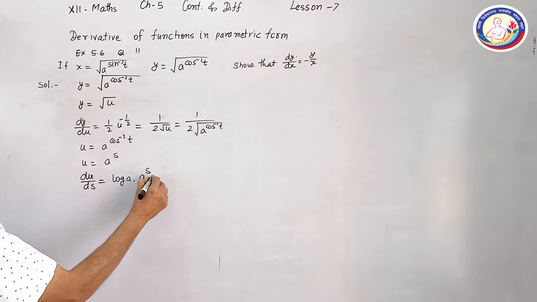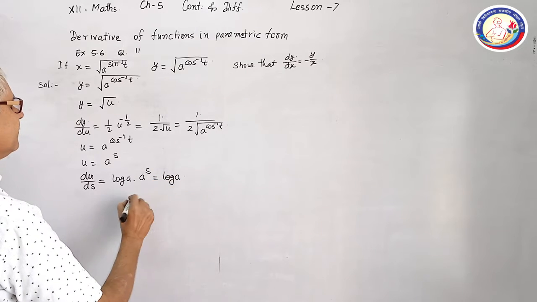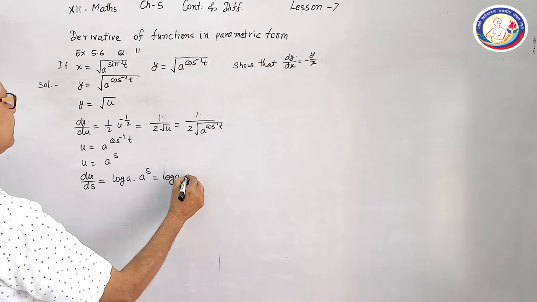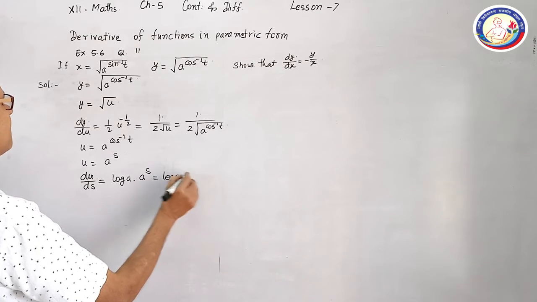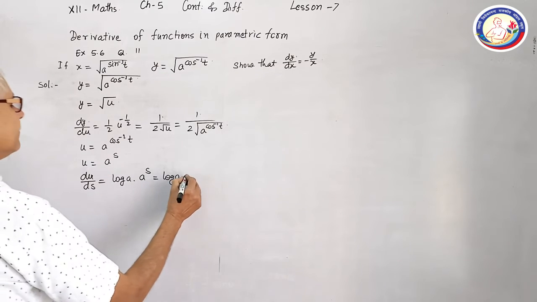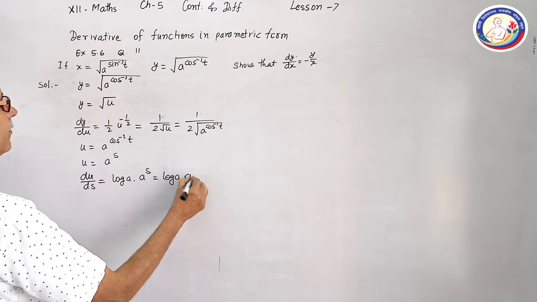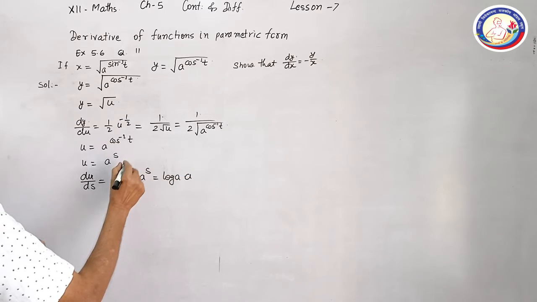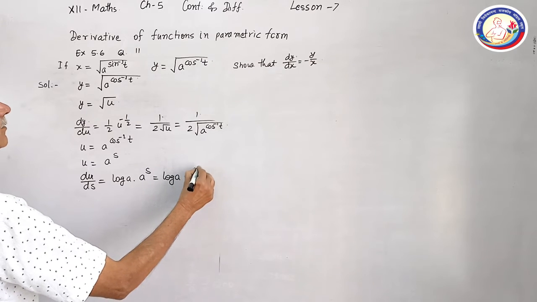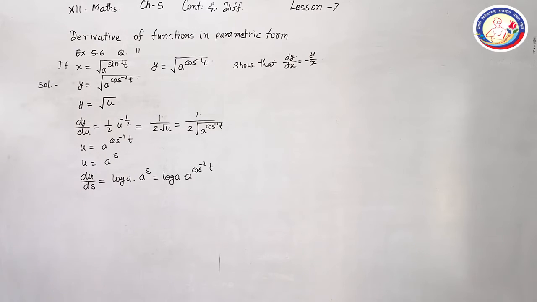Put the values here, we will have log a into a raised to power s, where s is cos inverse t.